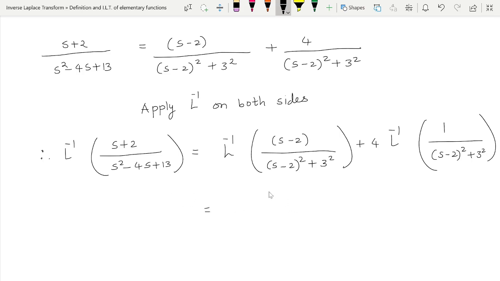Now you can see that if we replace s minus 2 by s, then we are getting a function whose inverse Laplace transform is already known to us.